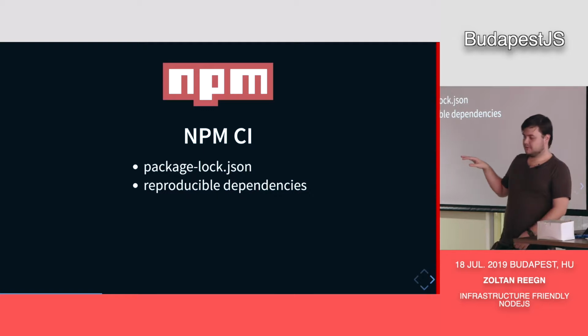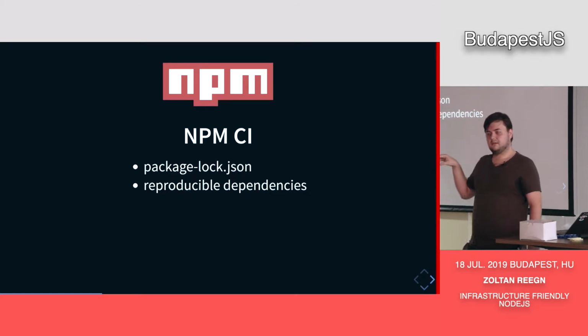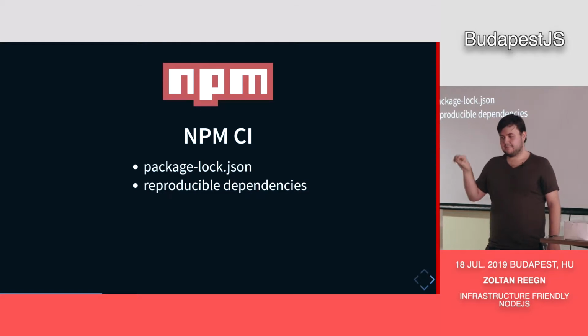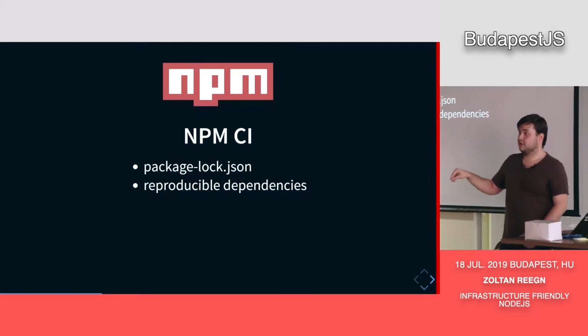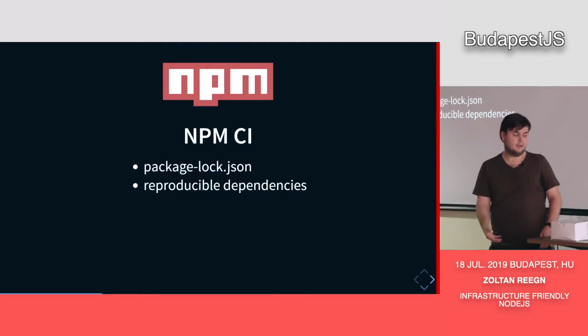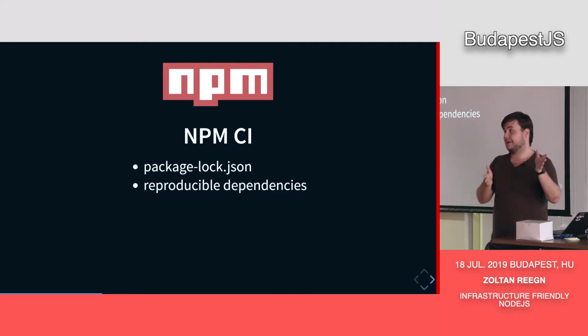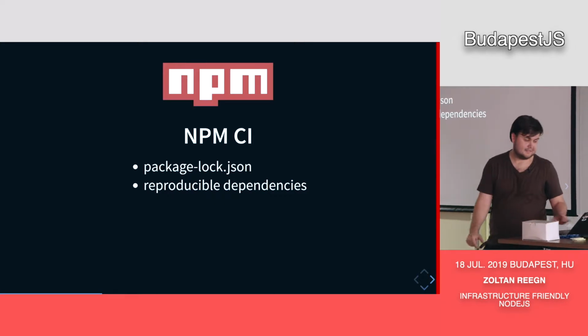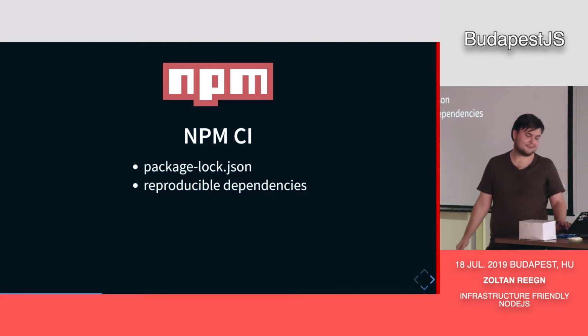So the package-lock.json records all your dependencies and transitive dependencies at the exact same version you had them when you ran npm install. And that's why npm ci is important. You get the exact same dependencies everywhere. That's why it's CI, because yeah, you want the exact same dependencies in the CI every time.